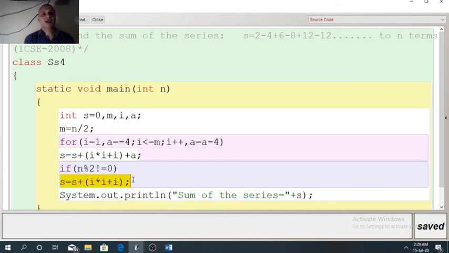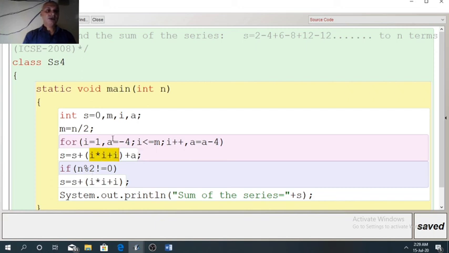So whenever we have n equal to an odd number, then the last term of the series will be controlled by the first series, and the logic of the first series is i square plus i.